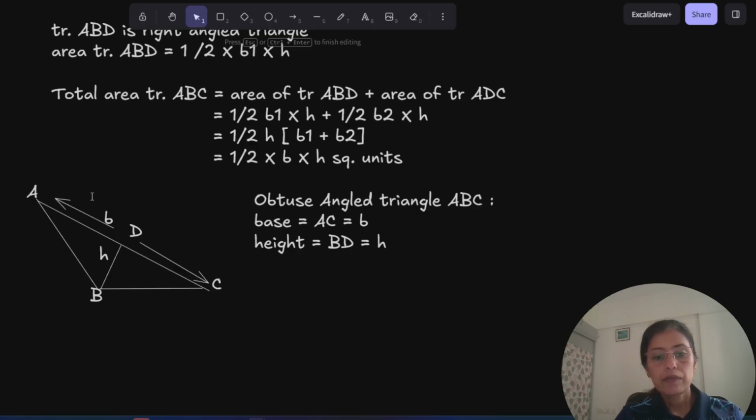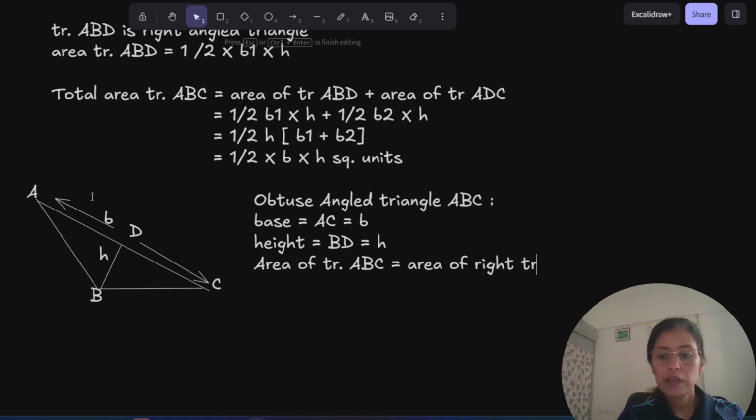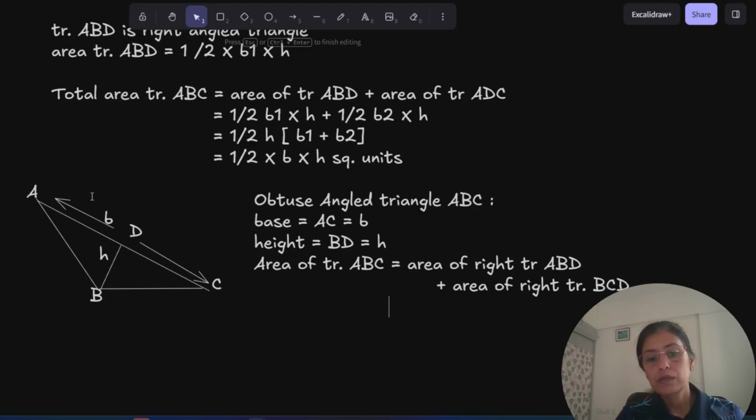And then we can say that it is the sum of, we can say area of triangle ABC is equal to area of right triangle ABD plus area of right triangle BCD, right?